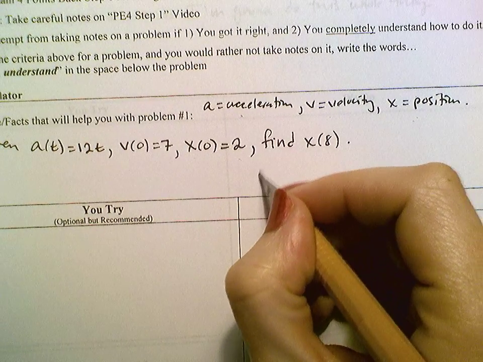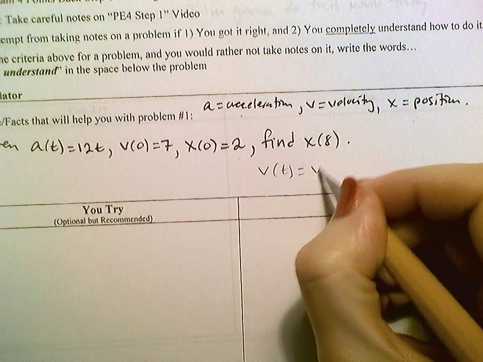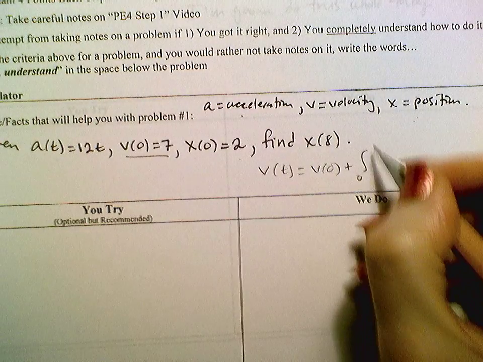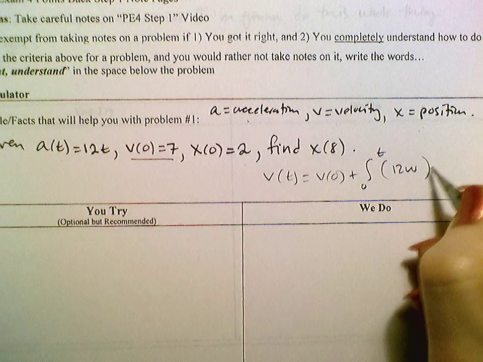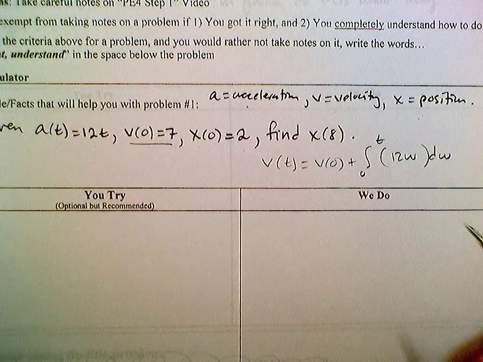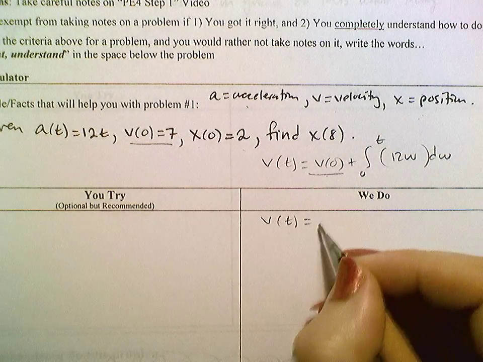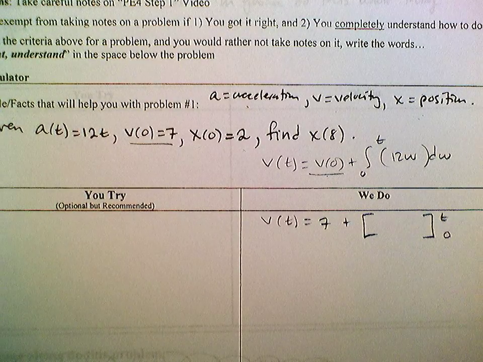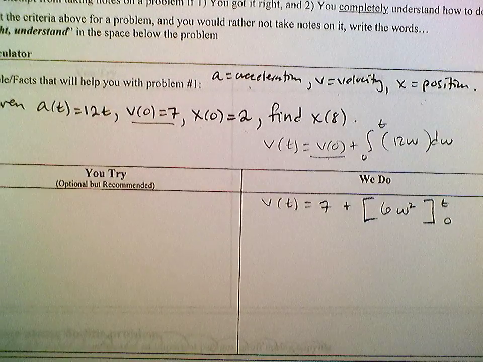So, going backwards, I can say that v of t is v of something we know, so v of 0, plus the integral from 0 to t, and this is going to be 12w dw. Then v of t is equal to v of 0, which is 7, plus, I'm going to use the fundamental theorem here, so this is 6w squared.